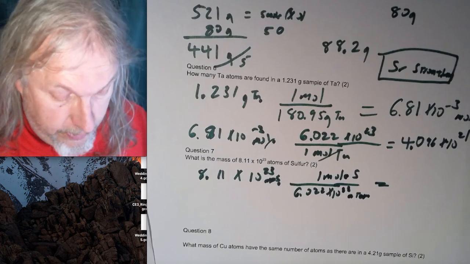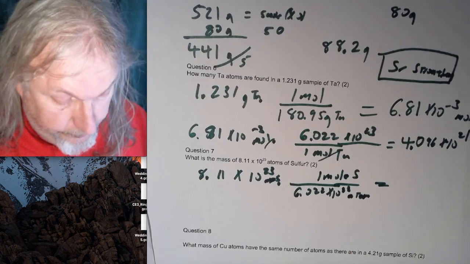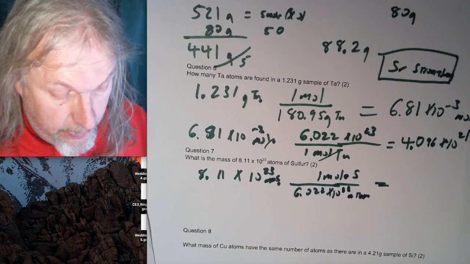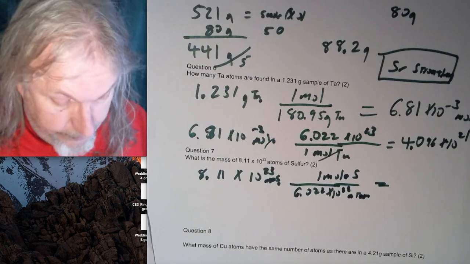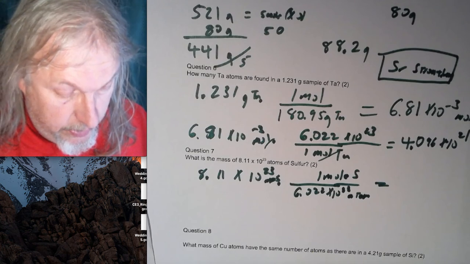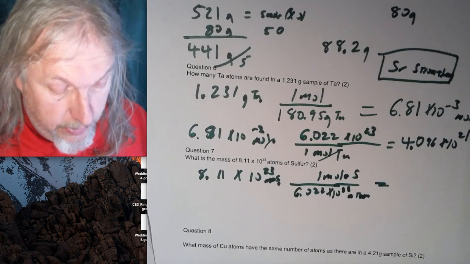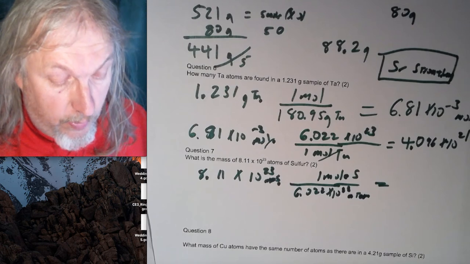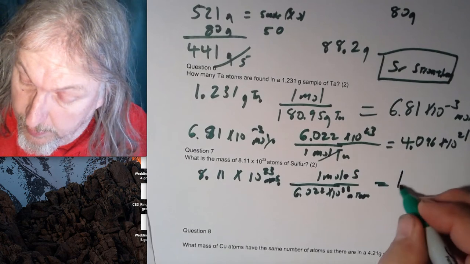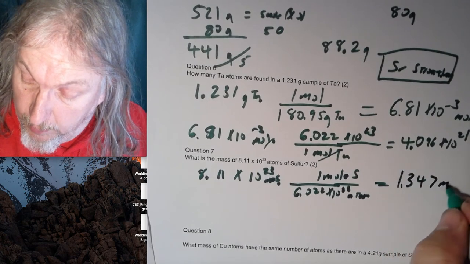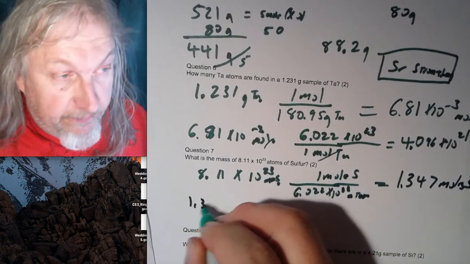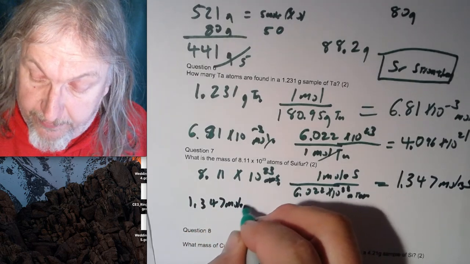times 10 to the 23rd, divided by 6.022 times 10 to the 23rd, I get 1.347 moles of sulfur. So I've got 1.347 moles of sulfur.